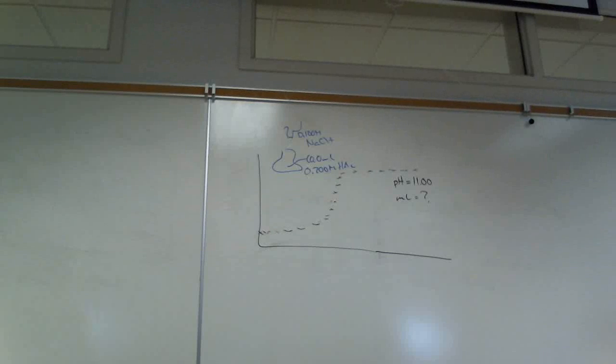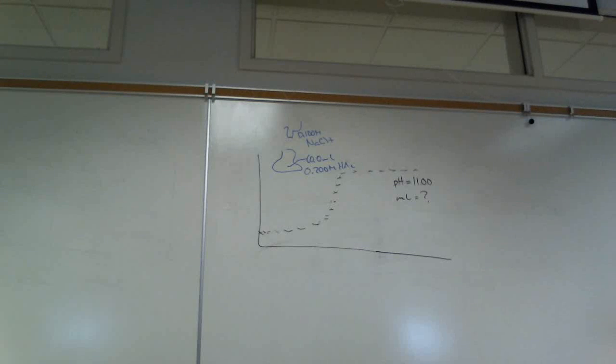The ice table, exactly. We need to set up the ice table. So let's go ahead and set up the ice table. But before we do the ice table, what do we have to do? Solution dilution. We have to do step A, solution dilution. And so step A is we're mixing the sodium hydroxide solution with the acetic acid solution.